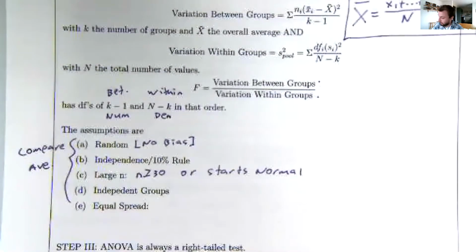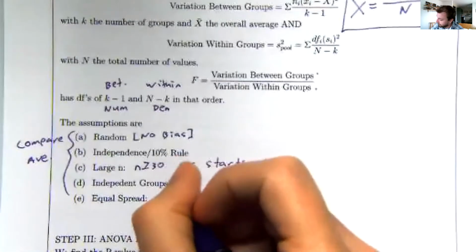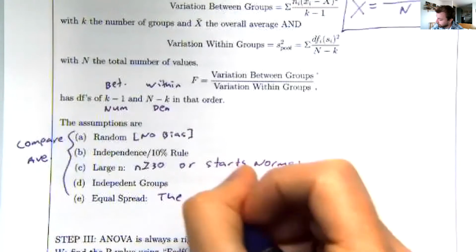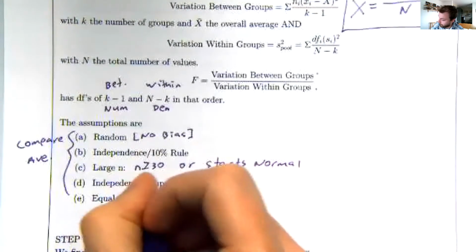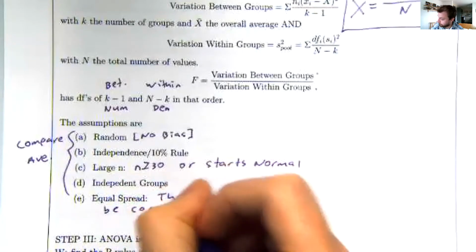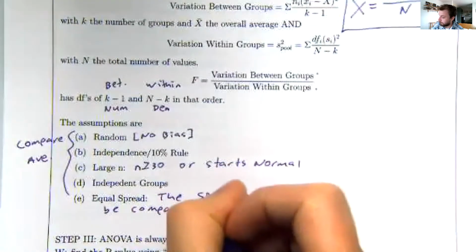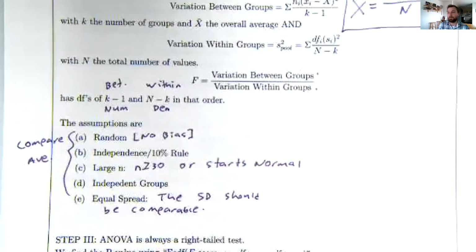The last one I had was something about equal spread. This was that the standard deviations should be comparable. So if I had a standard deviation of 3, another one of 5, and another one of 8, I'd be like, oh, 3, 5, and 8 are ballpark close to each other, I guess.